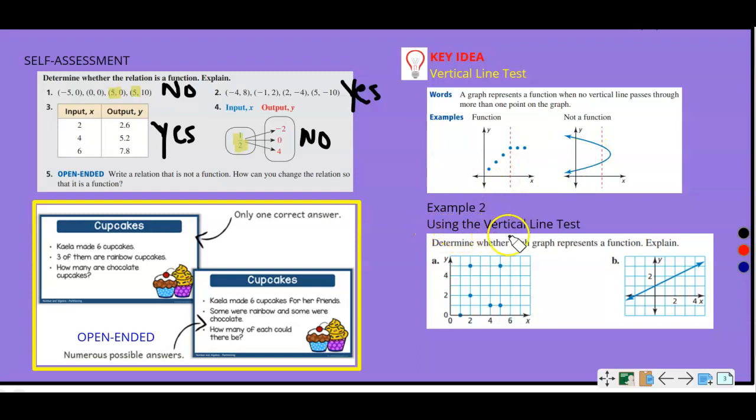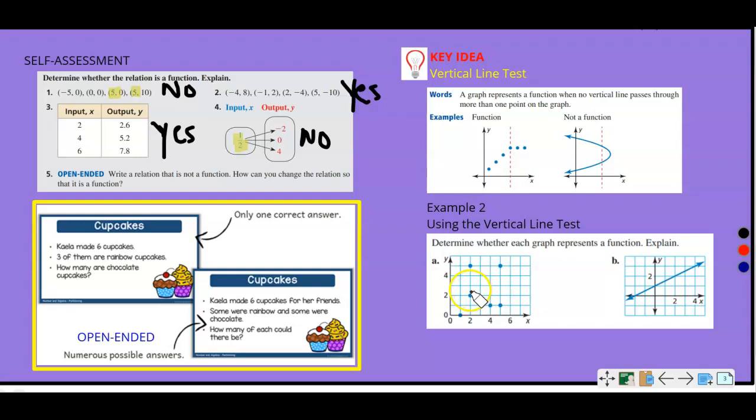All right, so use the vertical line test to determine whether each represents a function. All right, if I use the pencil test, I'm going to see that if I go across, I'm going to have 2 points that have an x value of 2 and 2 points that have an x value of 5. So there are 2 reasons this one is not a function.